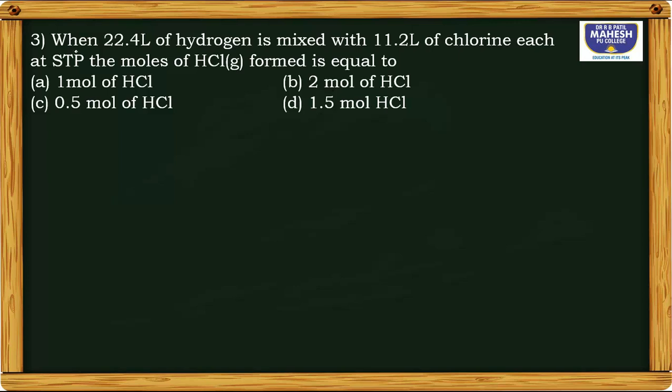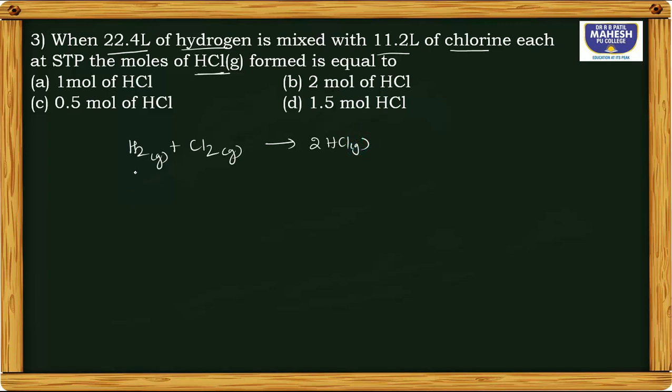Next question. When 22.4 liters of hydrogen is mixed with 11.2 liters of chlorine at STP, the moles of hydrochloric acid gas that are going to form is equal to. So let us find out: hydrogen gas reacts with chlorine gas to form 2 moles of hydrochloric acid gas.